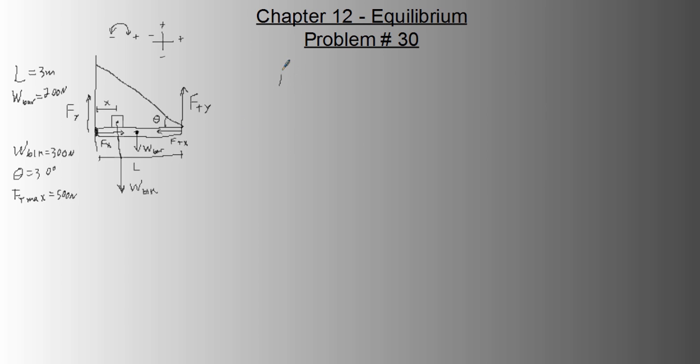And yeah, so let's do Fnet x and y. So Fnet x we'll start with. That's going to equal 0 because it's in equilibrium as always. And so Fx is to the right, that's positive, minus Ftx to the left, and that's it. Let's do Fnet y. Up forces, we got Fy and Fty.